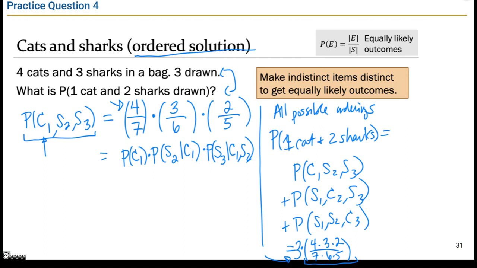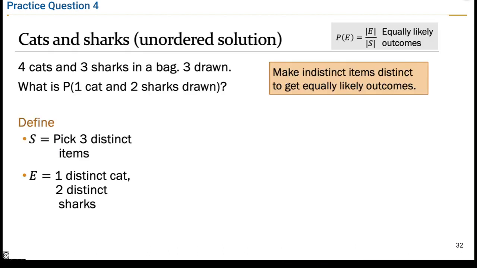But I could have done this from the beginning without thinking of order and just using counting. And so let's think of it this way. Let S be, I'm picking 3 distinct items out of 7 where order doesn't matter, because I don't have any order specified in this.